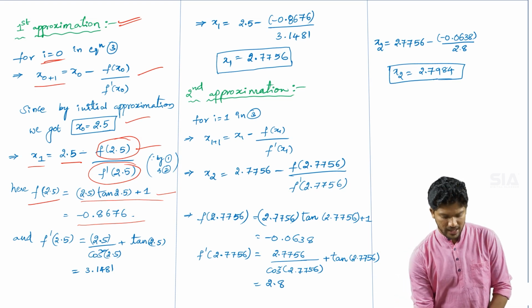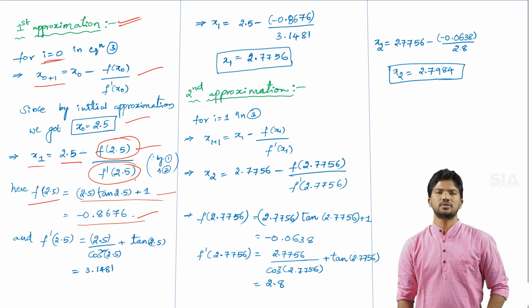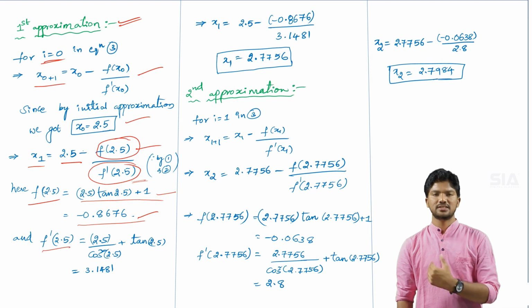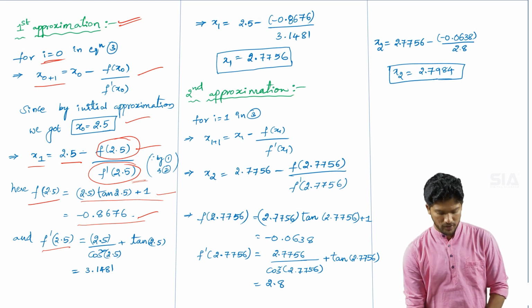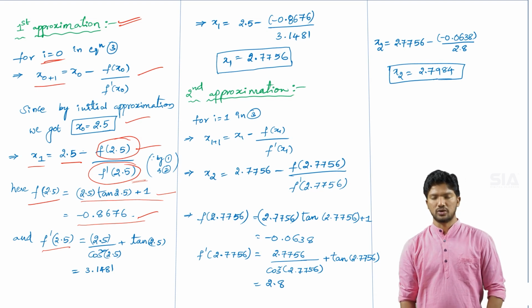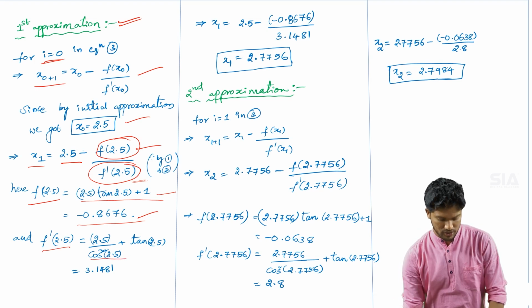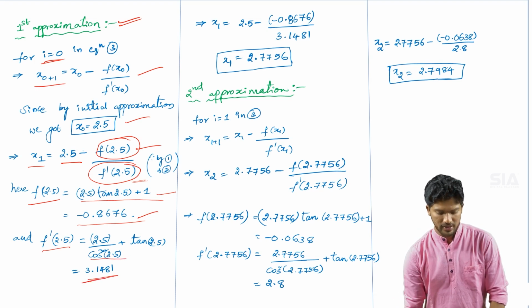Next value is f dash of this one. So therefore f dash of 2.5 is equal to, that means, x by cos square x plus tan x. So therefore 2.5 by cos square of 2.5 plus tan 2.5. So therefore you will get 3.1481. So substitute these two values in the above equation.